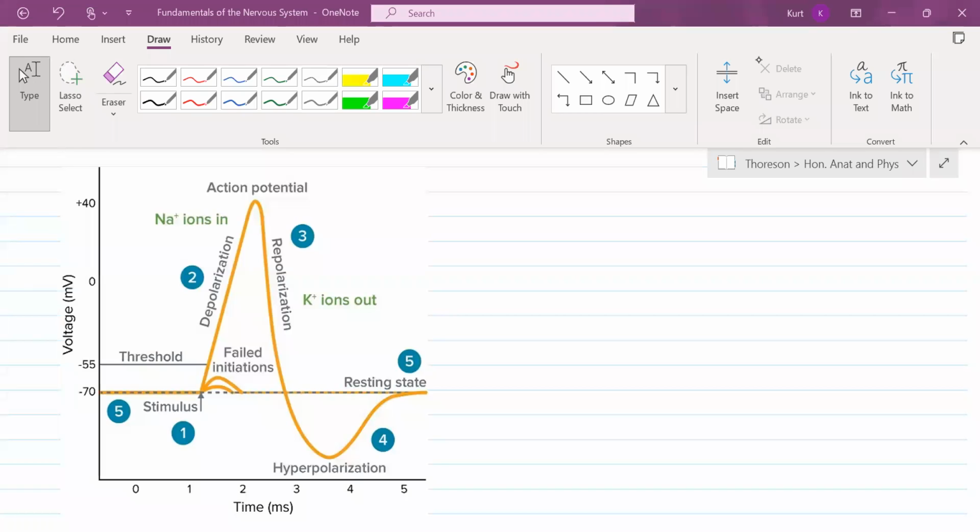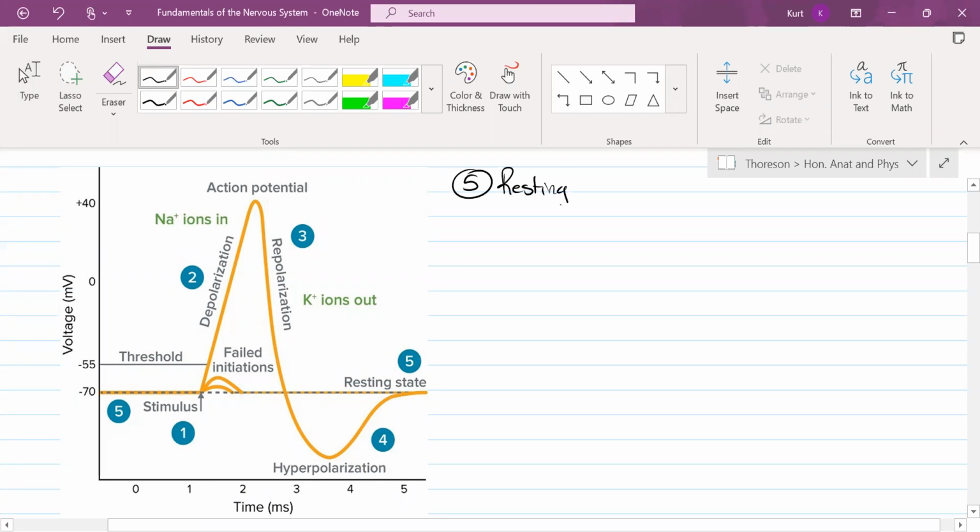If you know the answer, please don't hesitate to respond. Let's identify what's happening in each of the stages, beginning with stage 5. We call this resting state or resting potential. At about what voltage is the neuron at resting potential? It's about -70 millivolts, so it's definitely negative. What ion is predominantly inside the neuron?